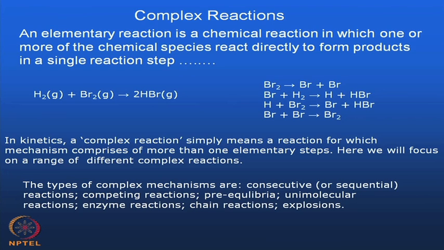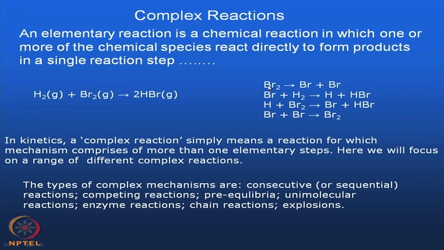As you see in the example with which I started the discussion, this particular reaction has 4 elementary steps, with 2 species, 2 species, 1 species. So, these 3 are bimolecular steps, and there is a unimolecular step.